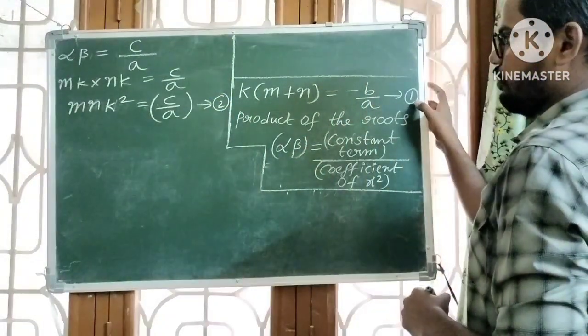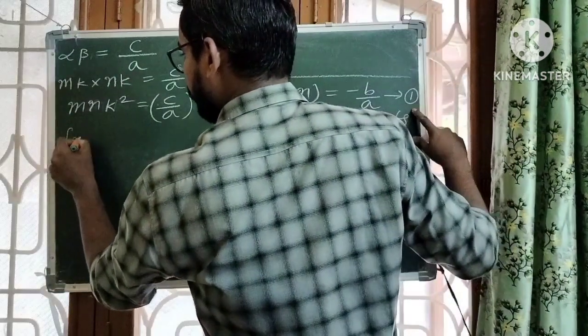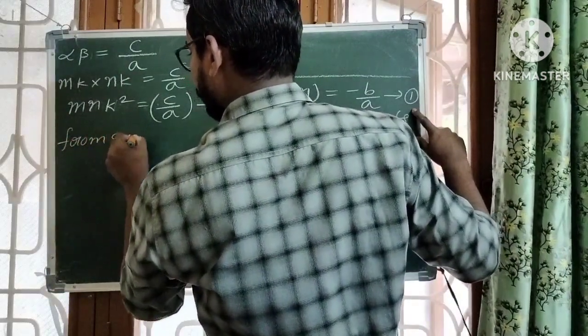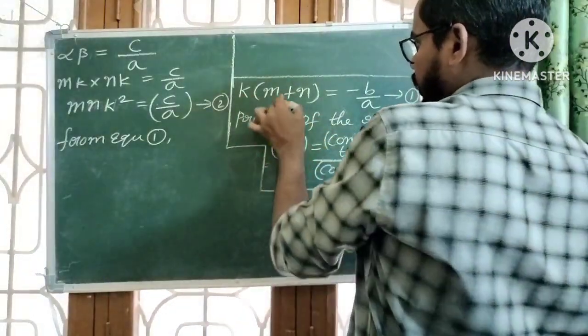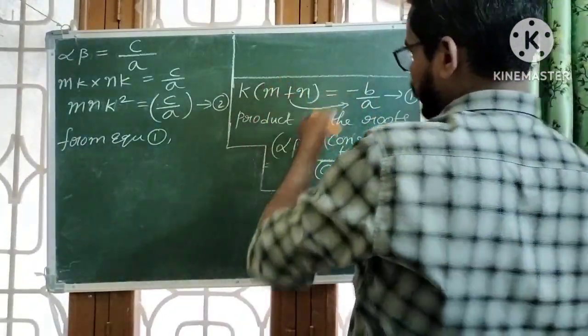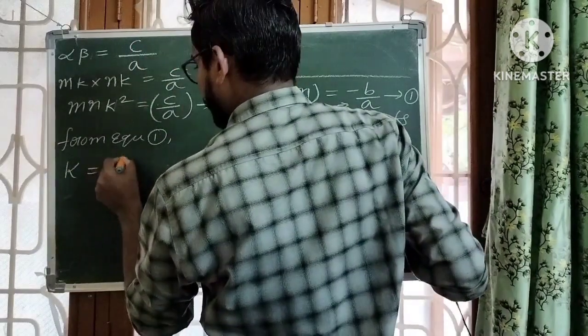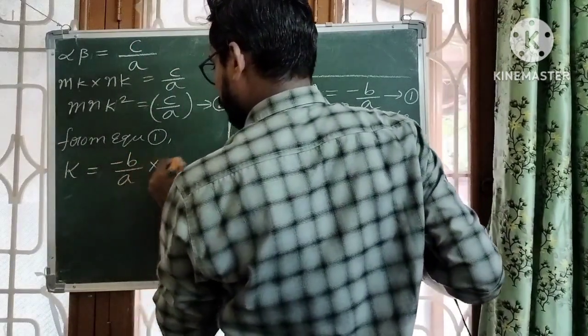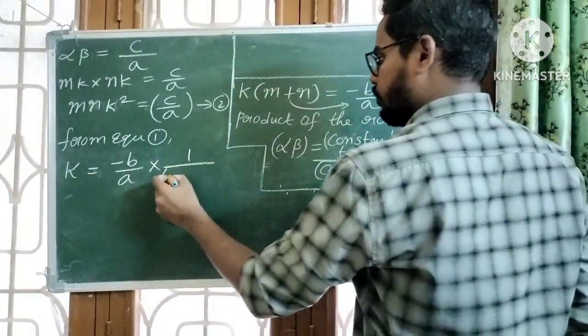Just look at equation 1 and equation 2. From equation 1, k into m plus n is equal to minus b by a. Transposing m plus n, multiplication becomes division, so m plus n goes to the denominator.